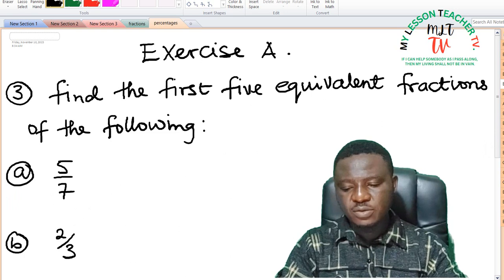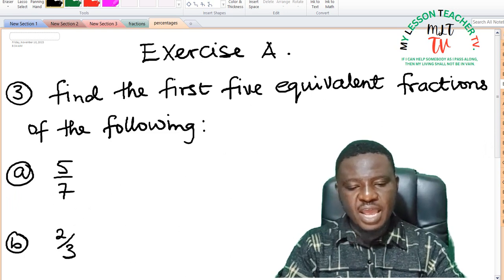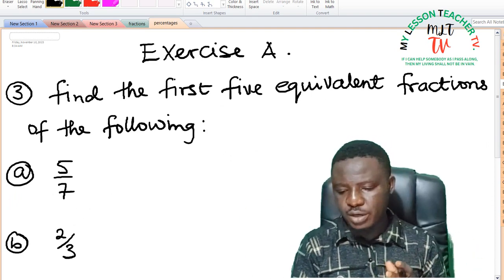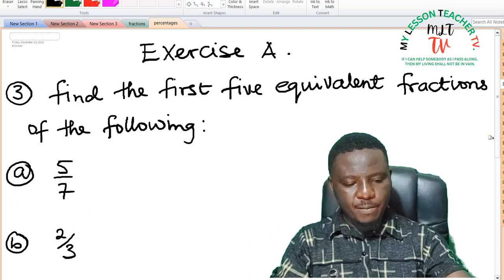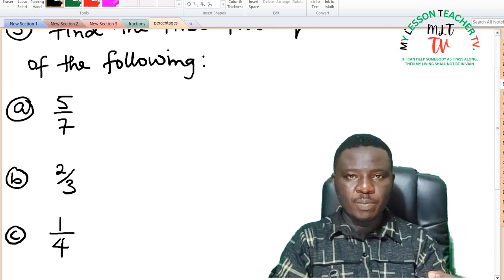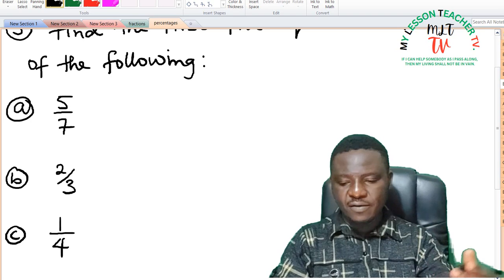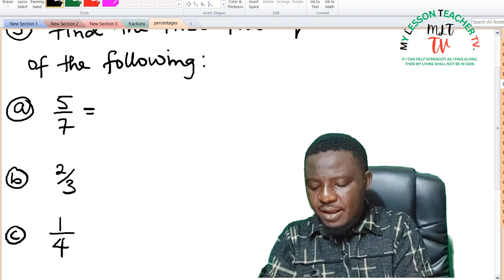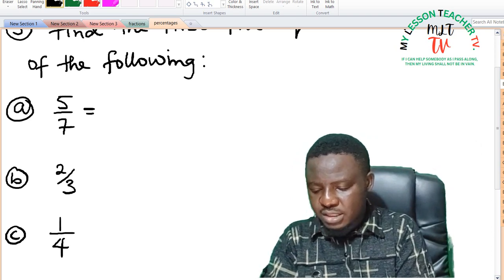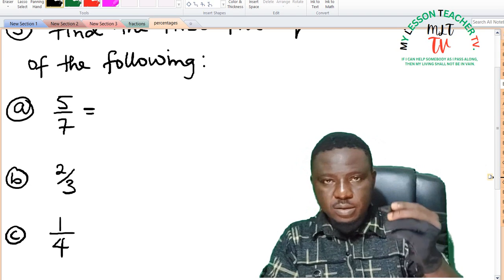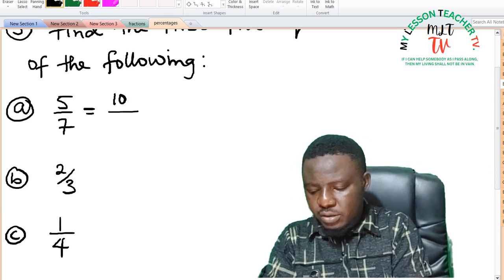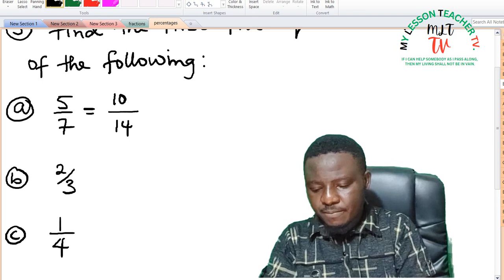In this exercise, we are asked to find the first 5 equivalent fractions of the following. So how do we get the first 5 equivalent fractions? We are going to multiply both the numerator and the denominator by 2, 3, 4, and 5. So the first, if you multiply 5 over 7 by 2, you get 10 over 7 times 2, which is 14.